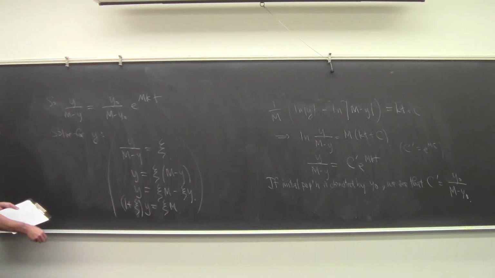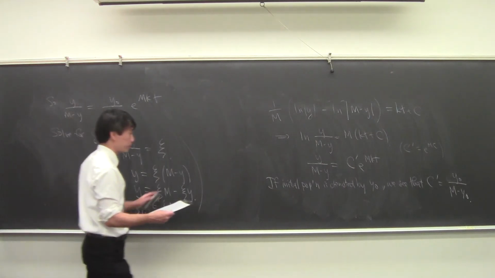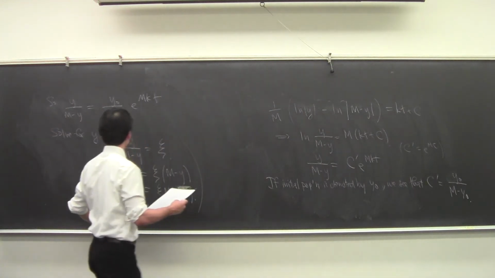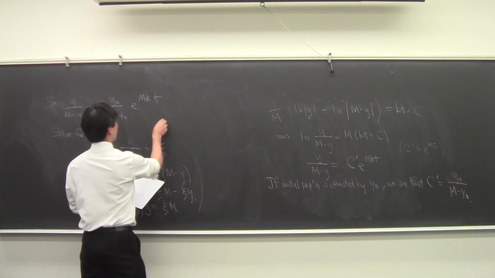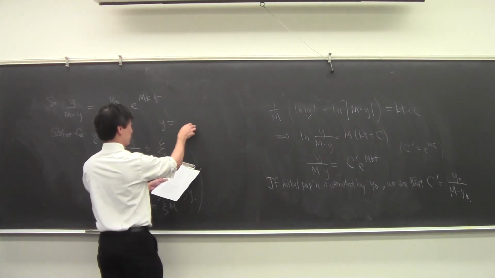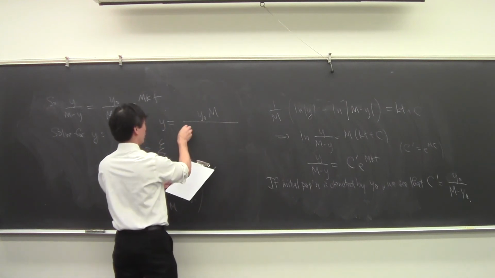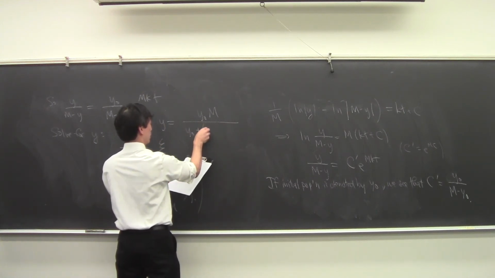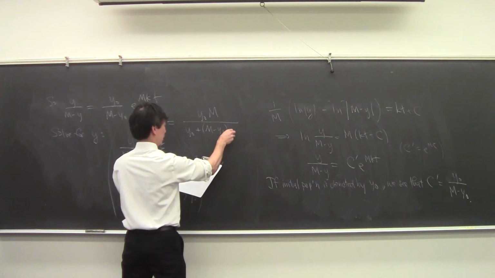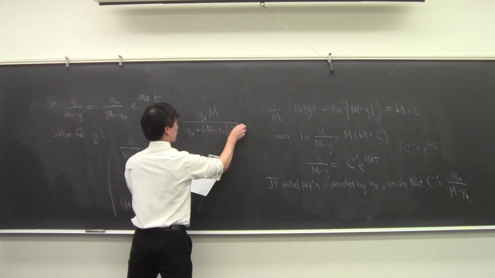You solve for y, and you get that y equals y naught n over y naught plus n minus y naught times e to the negative kmt.